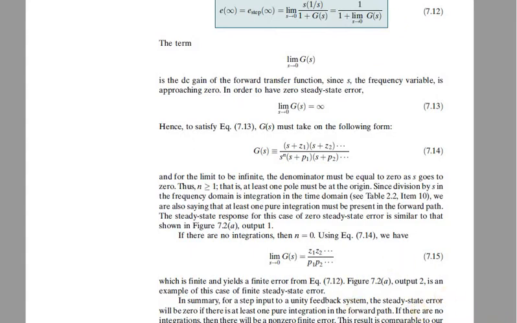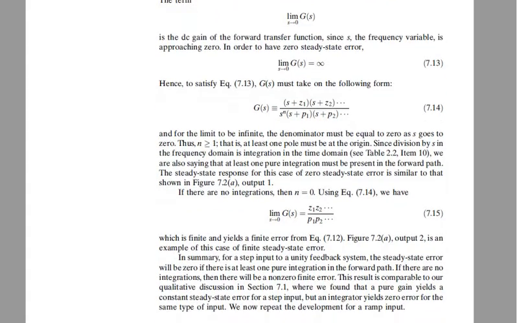In summary, for step input to a unit feedback system, the steady state error will be 0 if there is at least one pure integral in the forward path. So the main idea that we learn from here is that if you have an open loop transfer function and you have at least one integral available, then steady state error to the step input is 0.